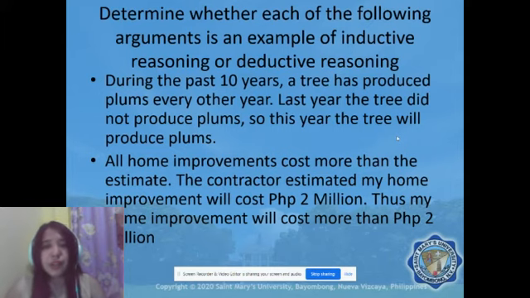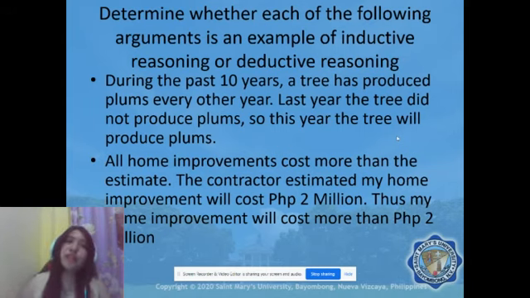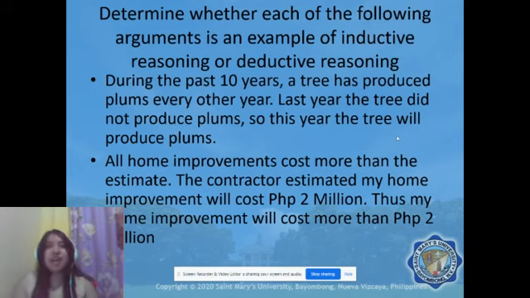Last year, the tree did not produce plums. So this year, the tree will produce plums. So what do you think is the first argument? Is it inductive or is it deductive reasoning?